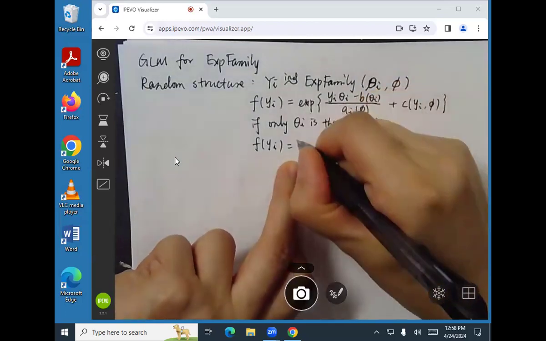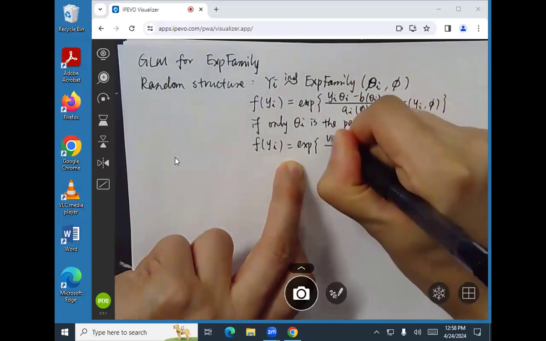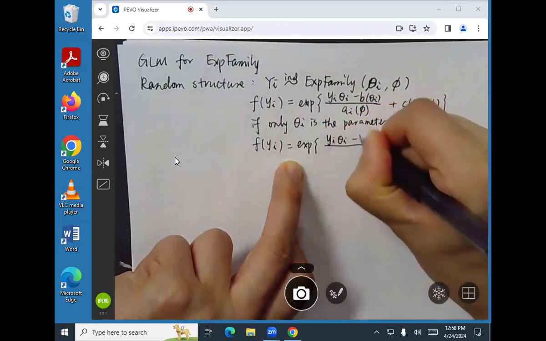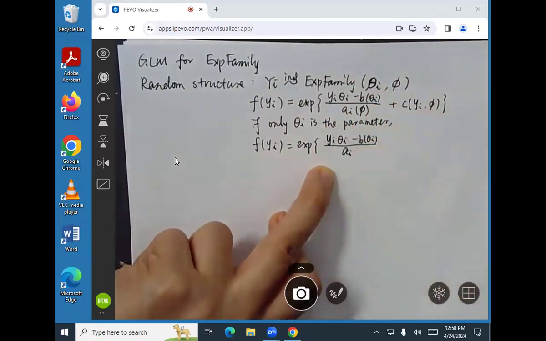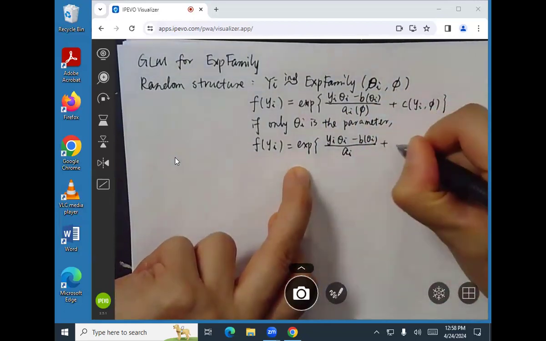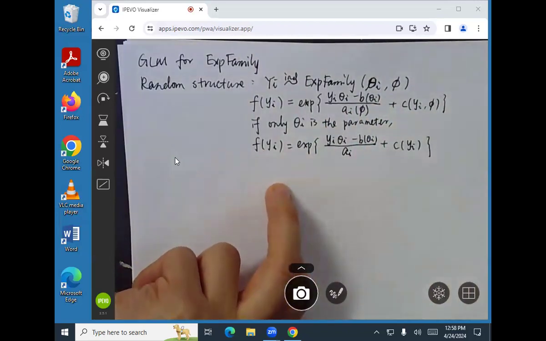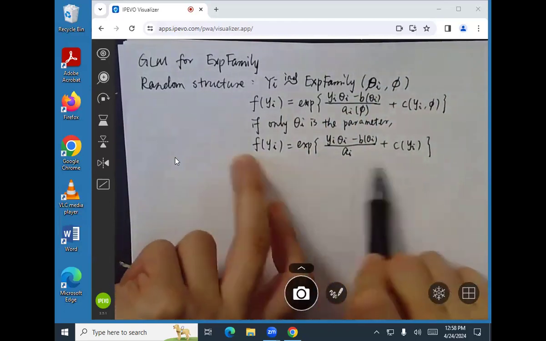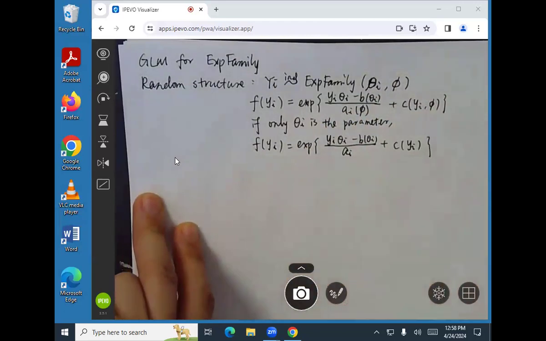So we would have it just as exponential of yi theta i minus b theta i, over some constant a_i depending on the distribution, plus some c function of yi, because the parameter phi is gone. So you can see that Poisson and Bernoulli are of this simpler form. Okay, that's the random structure.